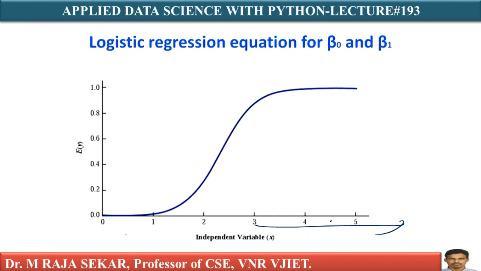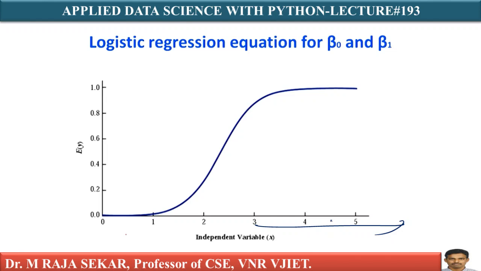When it goes below 1 or below 2, there is more chance that the expected value of y will be 0. If you keep on moving to the right hand side, there is more chance that the expected value of y becomes 1.